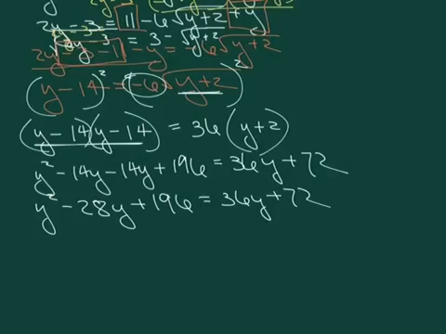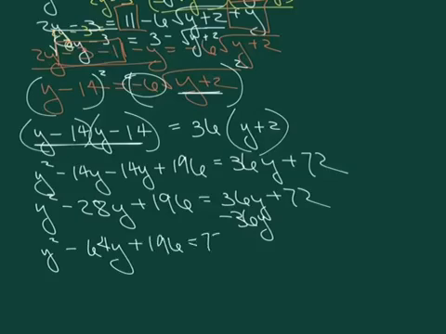So, make this equal to 0, so we're going to subtract 36y here. Subtract 72.